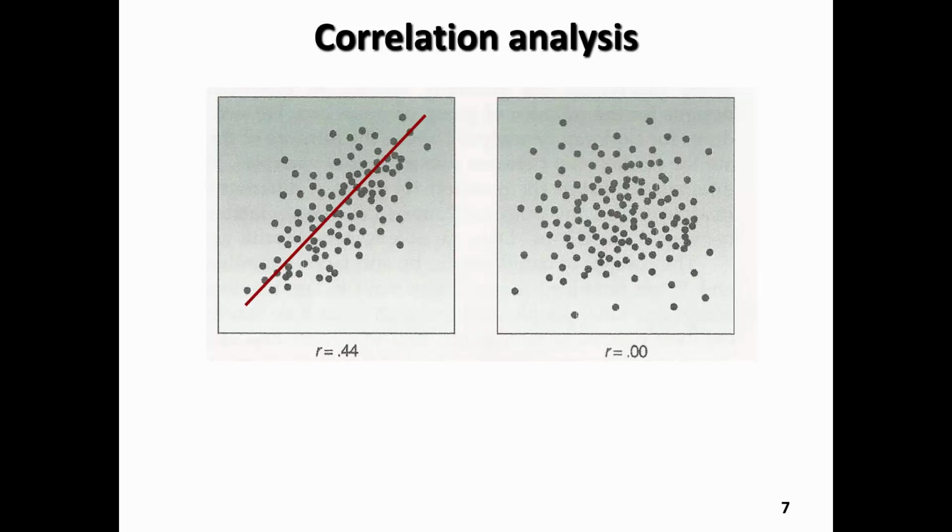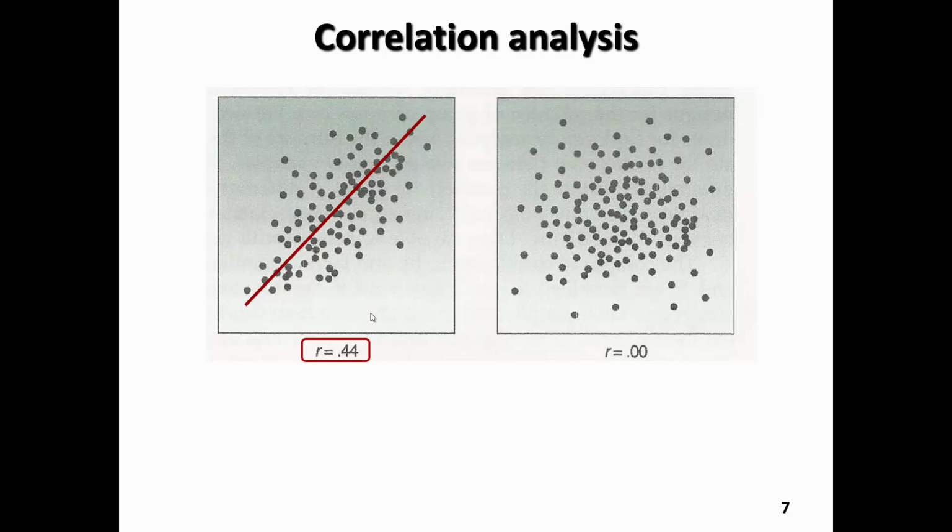If we take two other scenarios, let's look at the scenario on the left. Here we see a scatter plot with quite a bit of scatter, but if we take a close look at it, we can see a general pattern. As the x variable increases to the right, the y variable also increases. But note that the r value is quite a bit lower than the ones we saw on the previous slide.